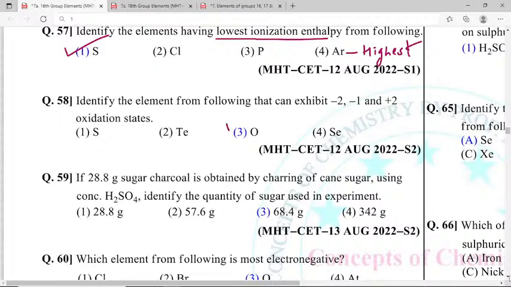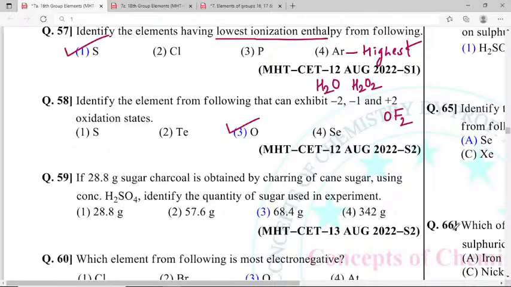Oxygen: -2 in water, -1 in hydrogen peroxide, and +2 in OF2. These are three different compounds where oxygen shows three different oxidation states: -2 in water, -1 in peroxide, H2O2, hydrogen peroxide, and +2 in OF2, oxygen difluoride.